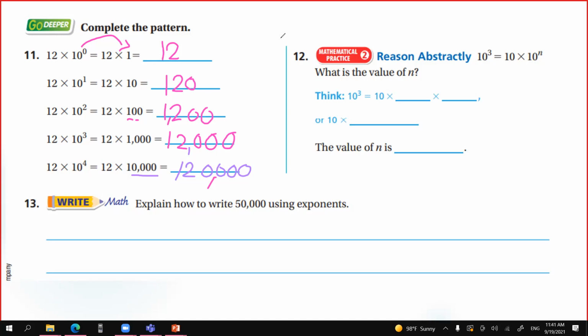You have to say 10 to the power 3 is 10 times 10 times 10. Or it's 10 times 10 to the power 2. I write 10 and then I repeat the second 10 2 times. So 10 times 10 to the power 2 equals 10 times 10 to the power n. So what is the value of n?